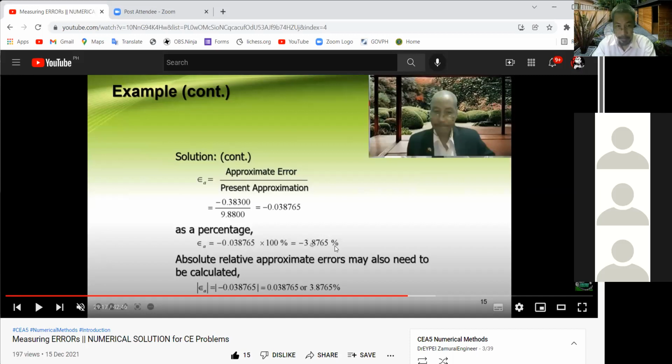And the answer of the PowerPoint is 3.8765. Compared to our answer, the answers are close to each other, but this is the case wherein you can be more accurate than the other engineers.